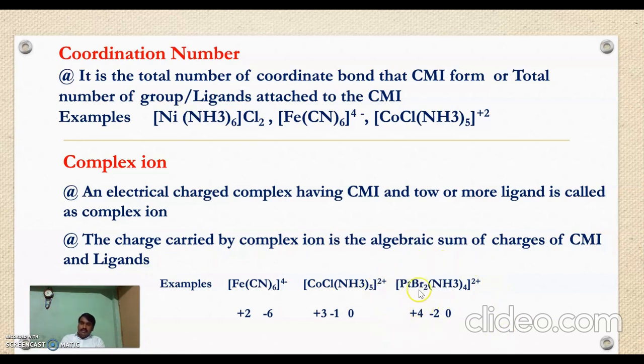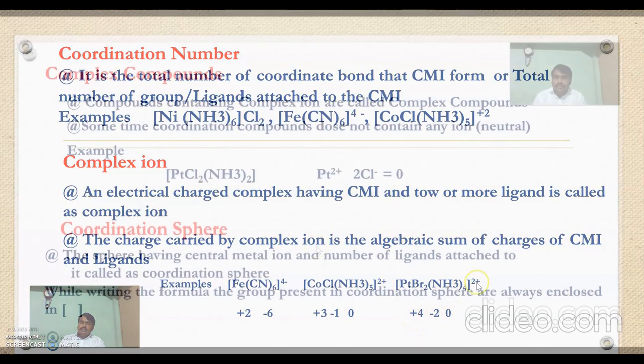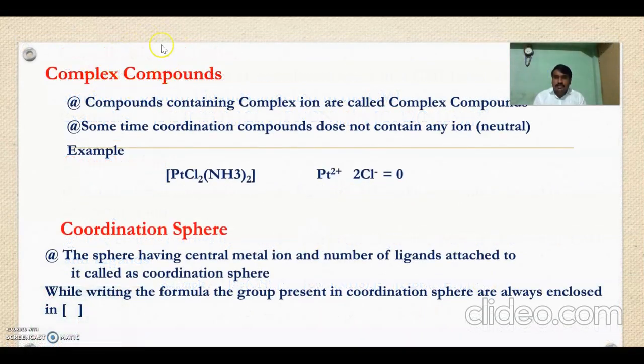In the last example, platinum shows its most stable oxidation state of plus 4. Ammonia is a neutral ligand having 0 charge, but each bromine carries minus 1 charge. So 2 bromine means minus 2, and platinum carries plus 4. So plus 4 minus 2 is equal to plus 2.